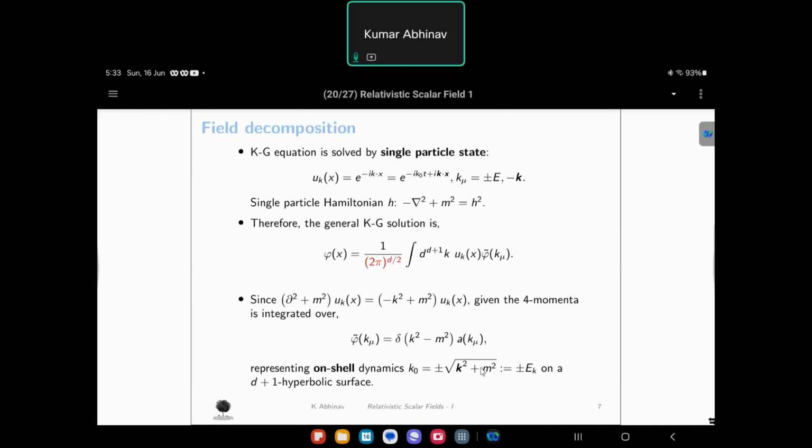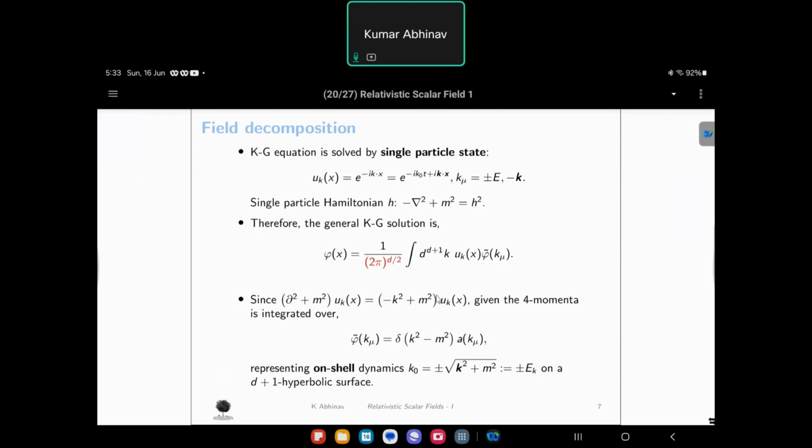That is the relativistic dispersion equation. But why are we saying it's a special case? The reason being that the principle of superposition, or the Fourier expansion, requires an integration over all the possible momenta, and these on-shell dynamics, or relativistic dispersion, correspond to one particular value of the momentum.